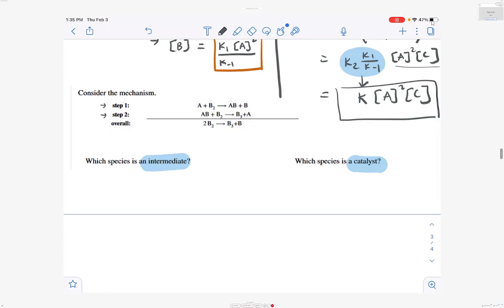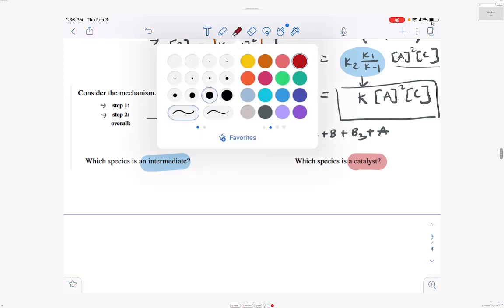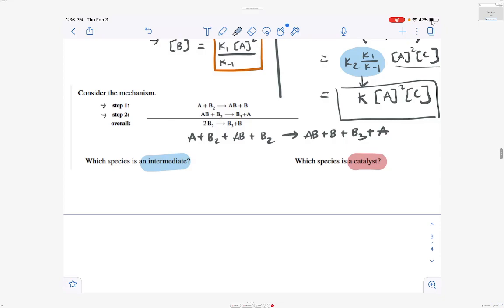So I'm going to add all the reactants. We can see that AB is appearing on both sides.